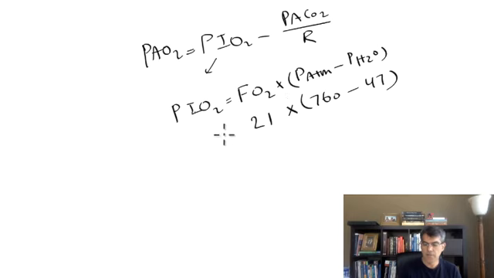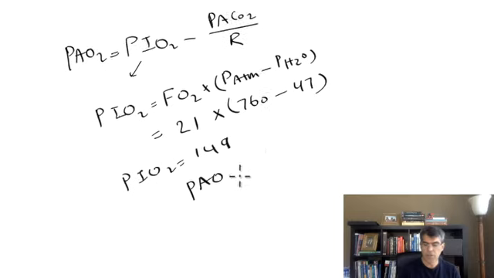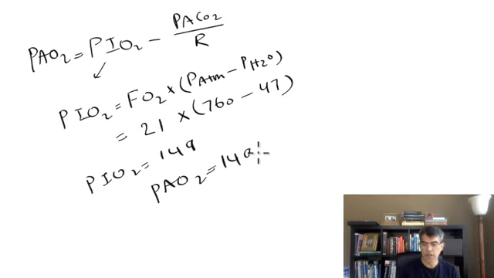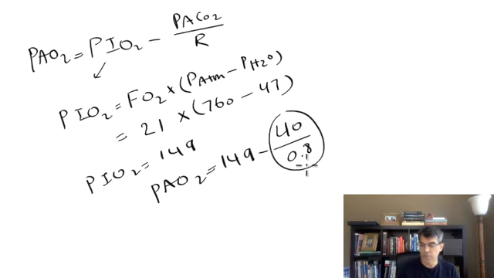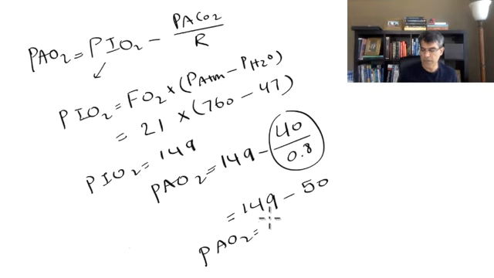Therefore, PiO2 is equal to 149. We already measured this one. So now I'm going to say PaO2 is equal to 149 minus PaCO2, which is normally 40, divided by R, which is 0.8. Therefore, 40 divided by 0.8 would be 50. Here's 149. Therefore, my PaO2 would be around 99, or almost 100.